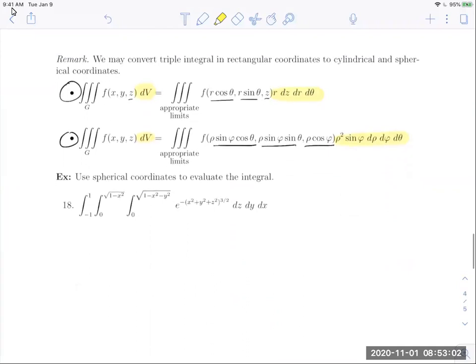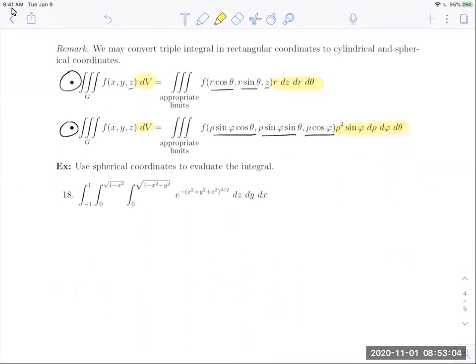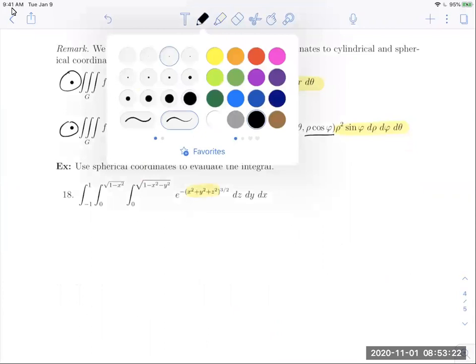So our final example for this set of notes here, use spherical coordinates to evaluate the integral. And you can see it looks awful. It looks absolutely terrible. What we see on the inside here right away is an x squared plus y squared plus z squared. We recognize that to be rho squared.